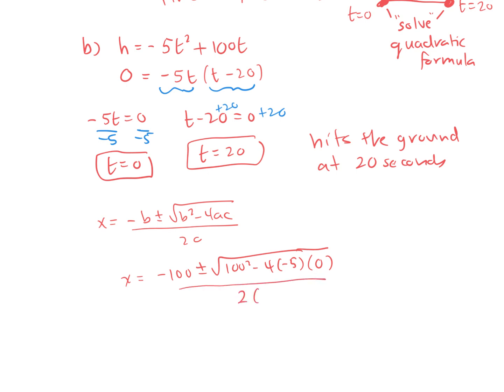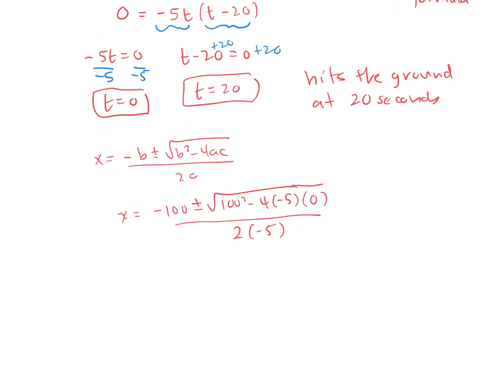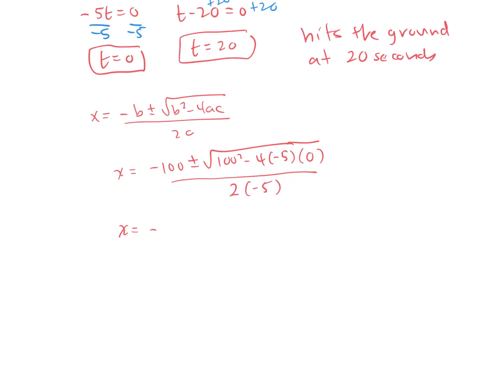And then we have 2 times -5. So we'll have -100 plus or minus the square root of 100 squared minus 0, over -10. We'll have -100 plus or minus 100 over -10.